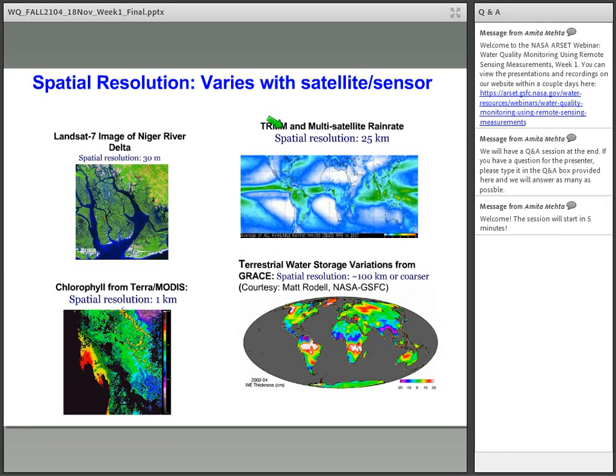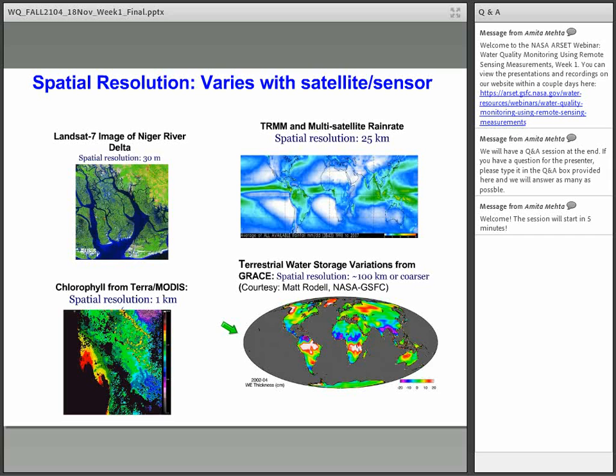The Tropical Rainfall Measuring Mission, combined with other satellites, provides rainfall at 25 kilometers. So it's global coverage, but it's 25 kilometer. And then groundwater measured by the GRACE satellite has even lower resolution, 100 kilometer.